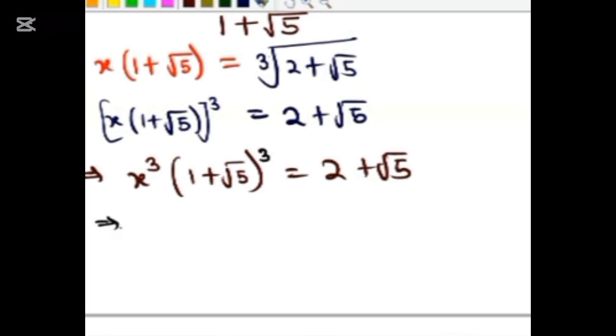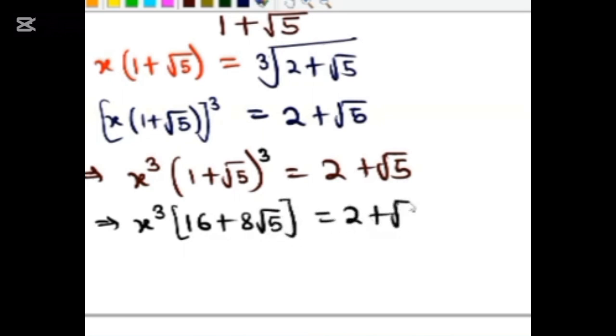So I'll try to now expand that bracket, and that is going to give me x raised to the power of 3. If I expand this, take your time to expand it. Of course, you are going to get 16 plus 8 root 5, and that is equal to 2 plus root of 5. How did I get that?